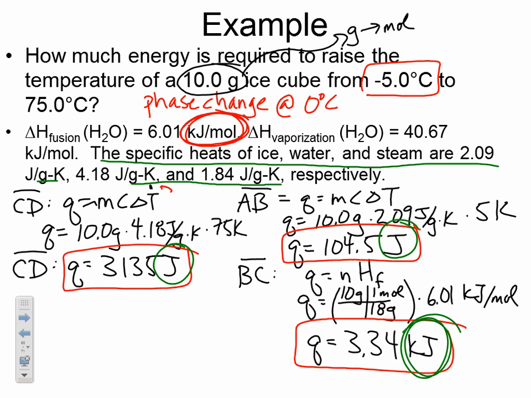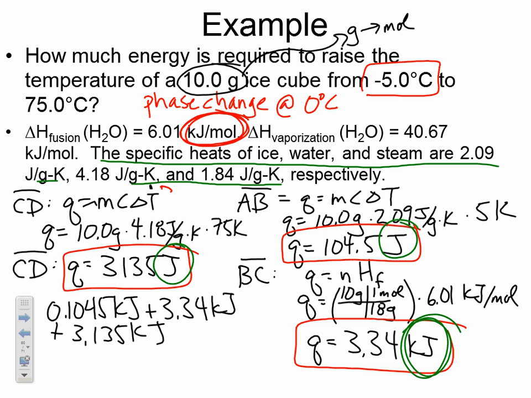So it's just going to be 0.1045 kilojoules plus 3.34 kilojoules plus 3.135 kilojoules gives the total amount of energy needed to take this ice cube from -5 to 75 degrees Celsius, 6.76 kilojoules, and that's your final answer.